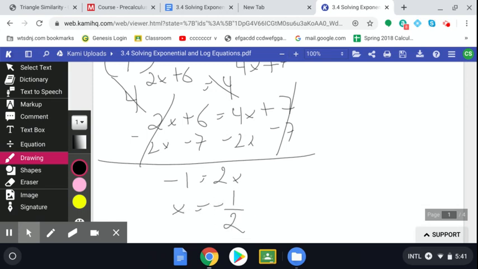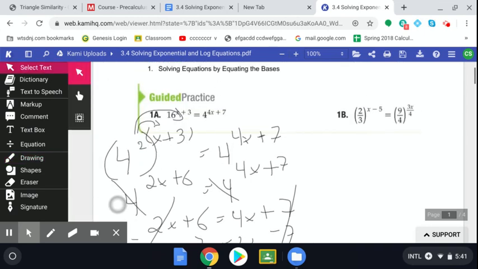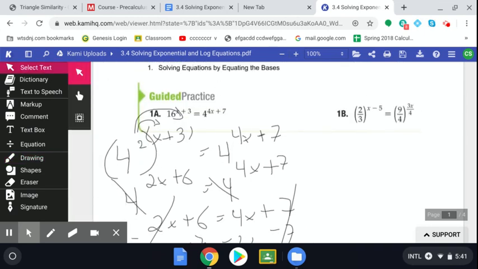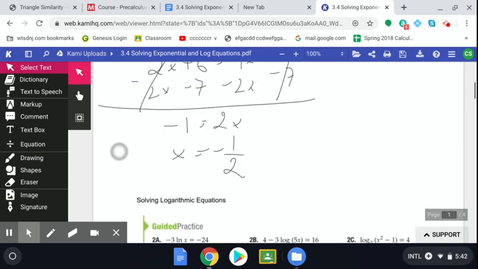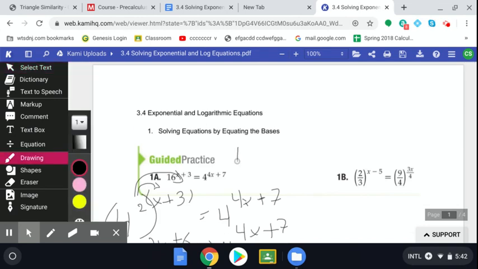Once I have that, I should always check and see if that's a true statement. So if I raise 16 to the negative 1/2 plus 3, it should be equal to 4 to the 4 times negative 1/2, which is negative 2, plus 7.